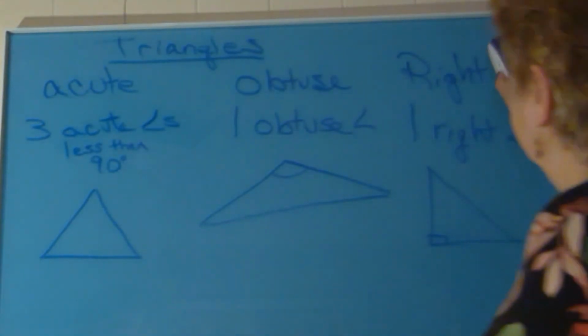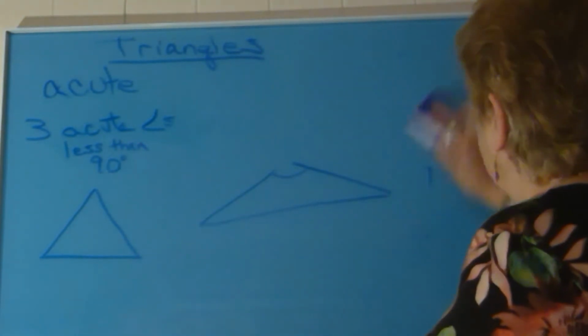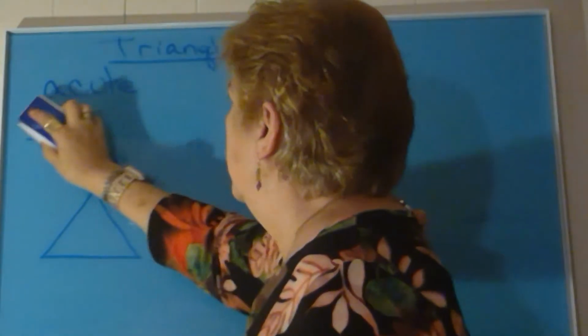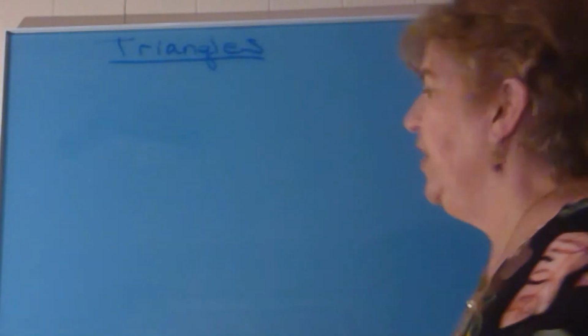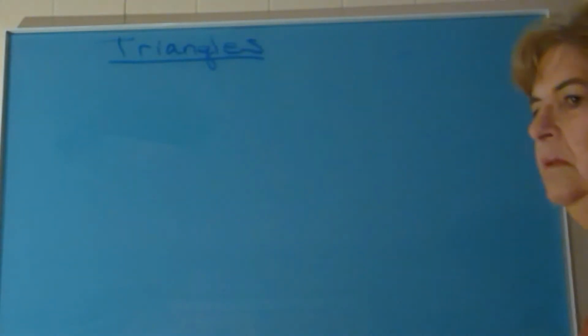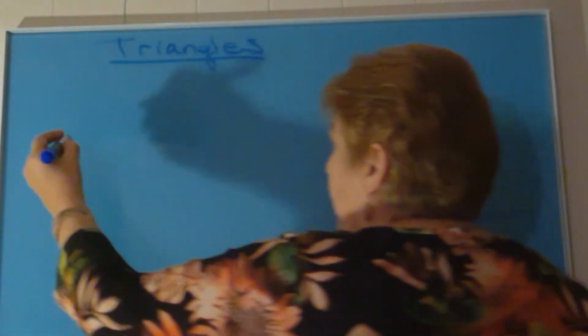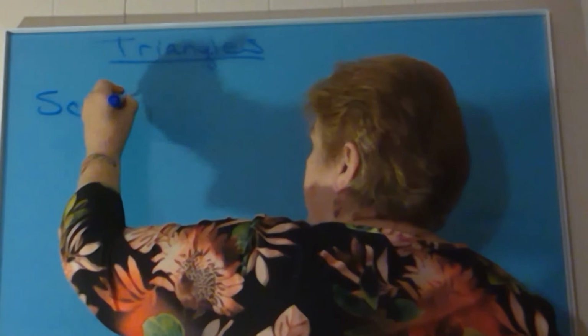Okay, then those were all named according to their angle measurements. We can also name triangles by their side measurements, or the lengths of their sides. The first one we have is a scalene triangle.